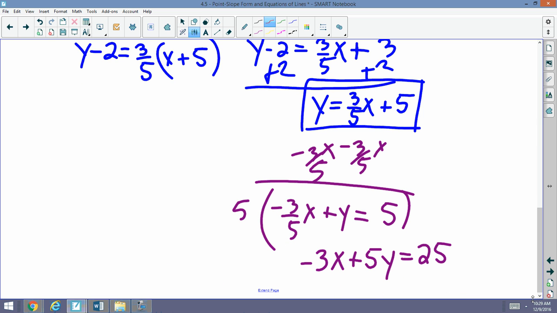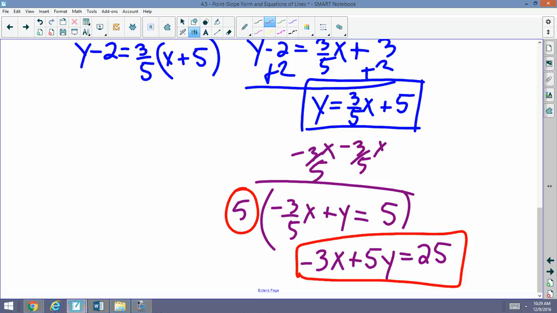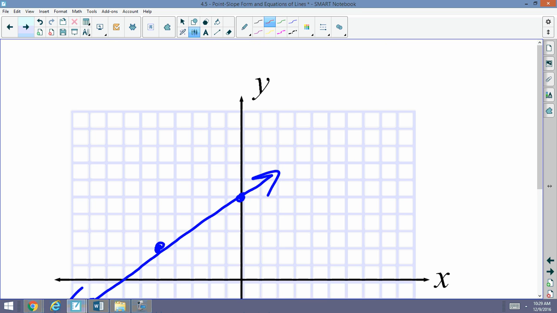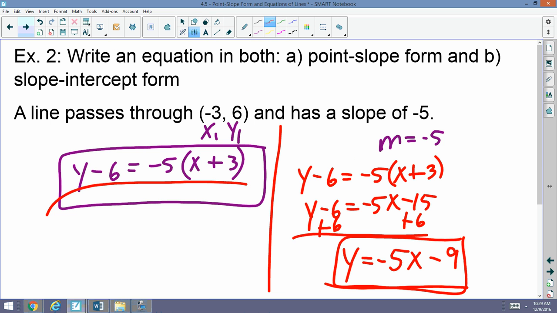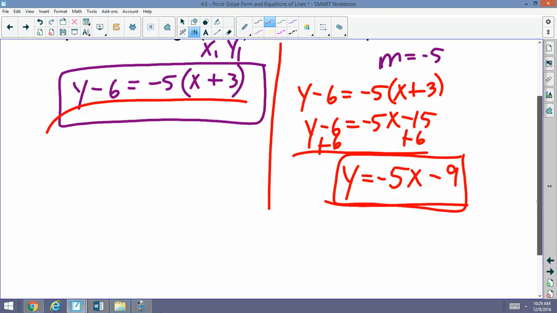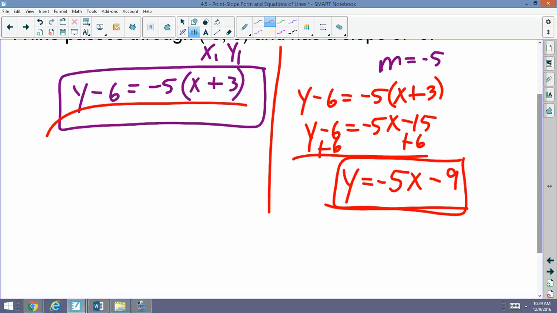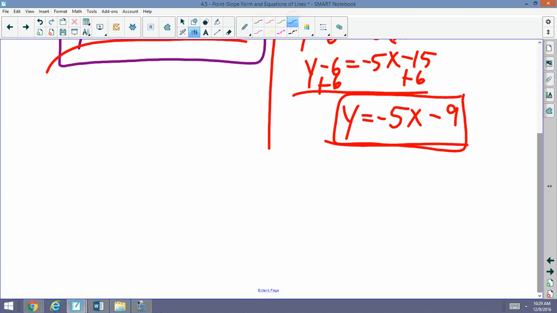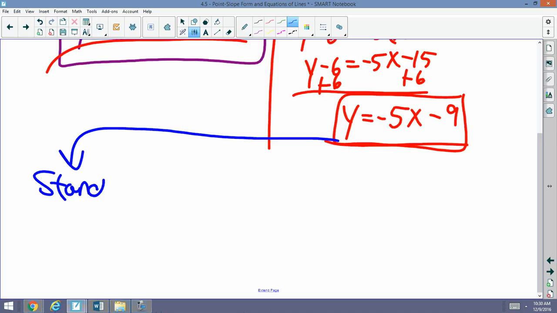If you're going to standard form, the reason why I multiply by a 5 here is because I want it in standard form, and I need my a to be an integer. Now, just to follow that up, if I wanted to turn this into standard form, would I have to multiply by anything?